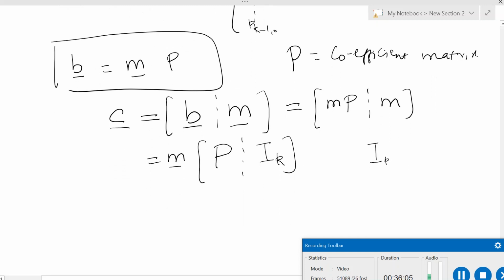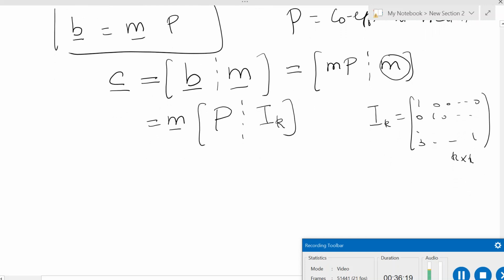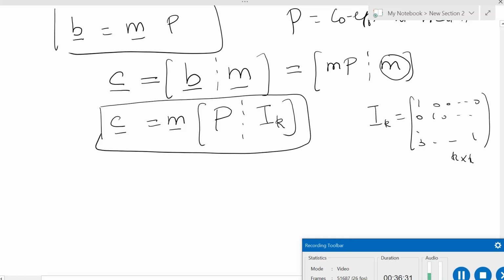IK means K cross K identity matrix, because you are having M is a K vector message. So when you take it as common, and it's like in scalar you get a 1, instead of 1 it is IK now. Okay, so you have now C is equal to M times P IK.